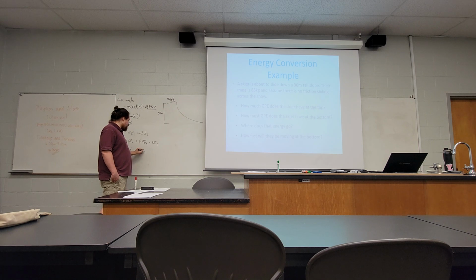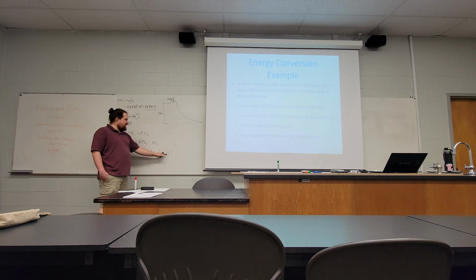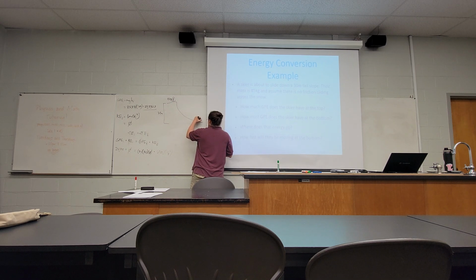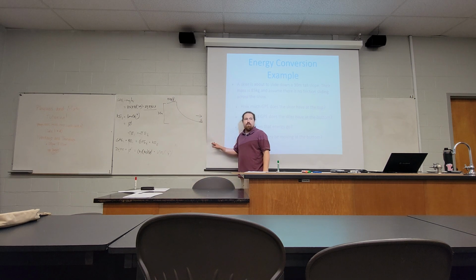But we could also plug in a final height of 0 to figure out how fast you're going at the bottom. The point where all of that initial GPE has turned into KE and you were moving as fast as you can go.